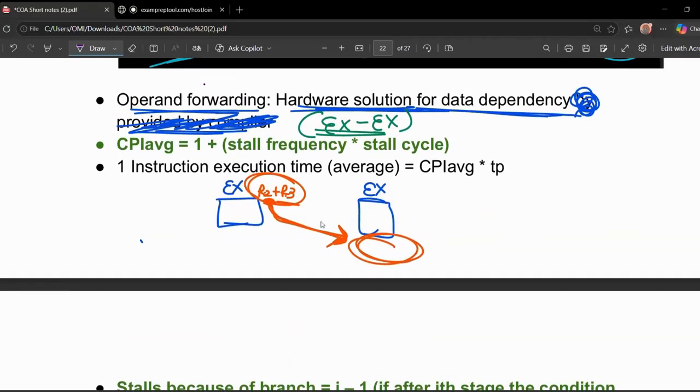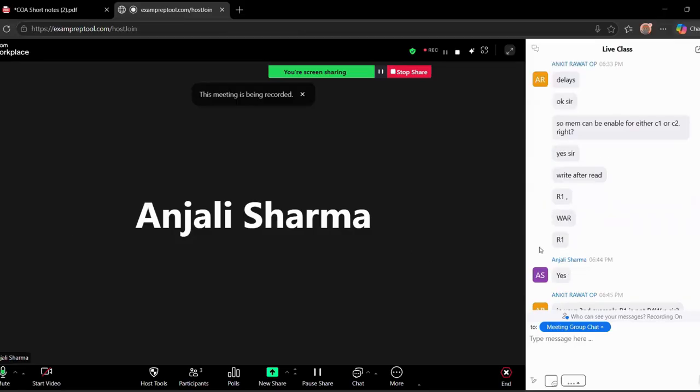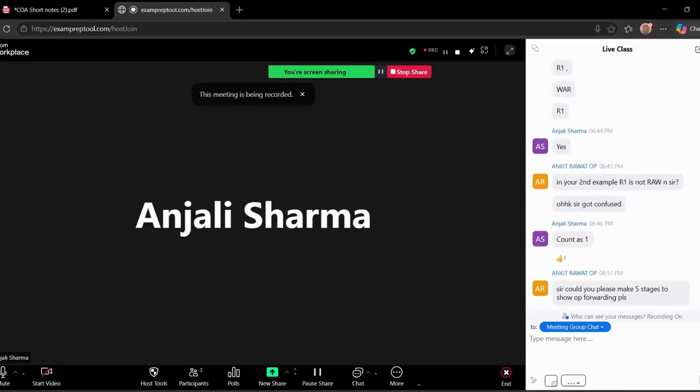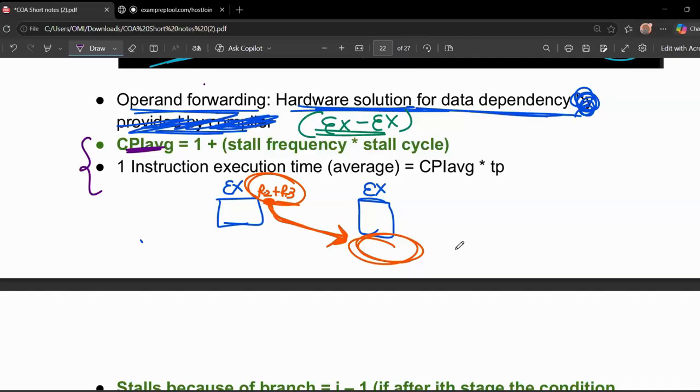Now, one important formula here. See, in many GATE PYQs, we first find the average CPI.